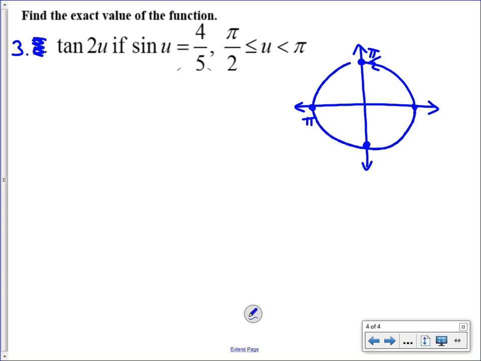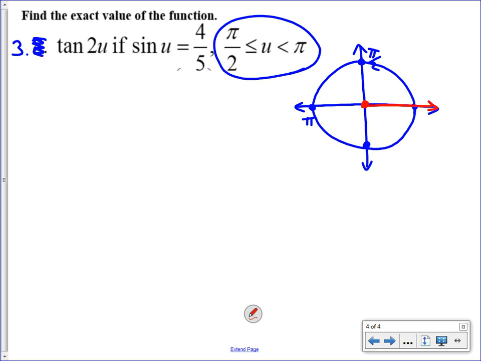So this information here is just telling you which quadrant the angle is in. And in this case, we're talking about the terminal side of the angle. So the terminal side of the angle is in quadrant 2, because that would be between pi over 2 and pi.